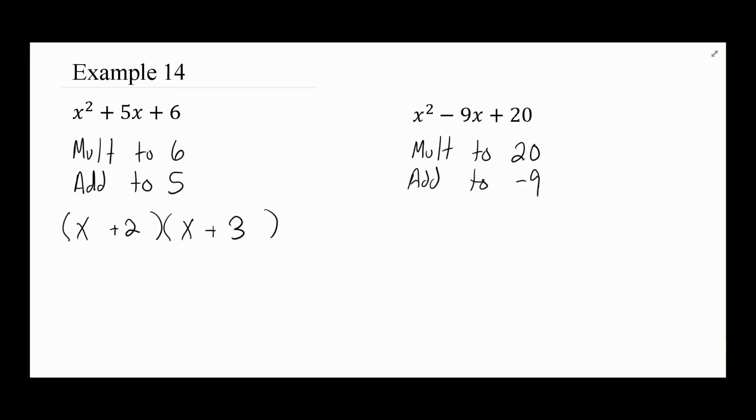Because if I'm multiplying something times something and getting a positive, they're either both positive or both negative. Now if I'm adding together to equal a negative, they both must be negative. So we kind of know a little bit about the signs ahead of time. That's going to be x minus and x minus. And so numbers that multiply to be 20 and add to be 9 would be 4 and 5. And so that's our correct factorization.